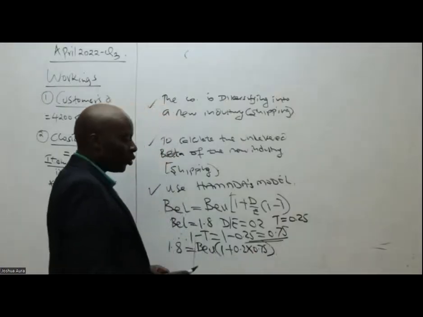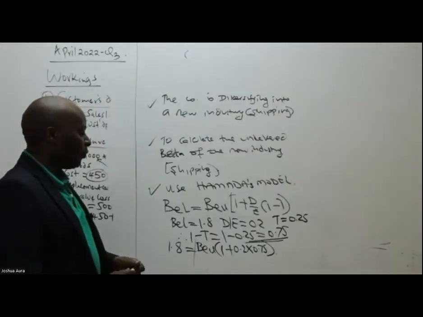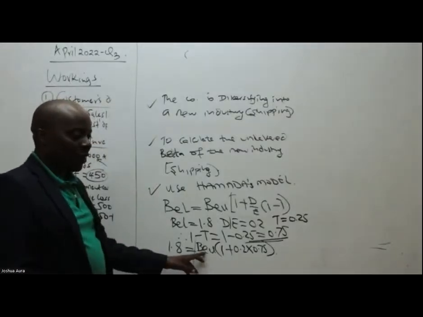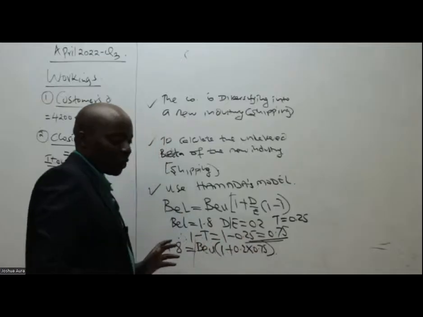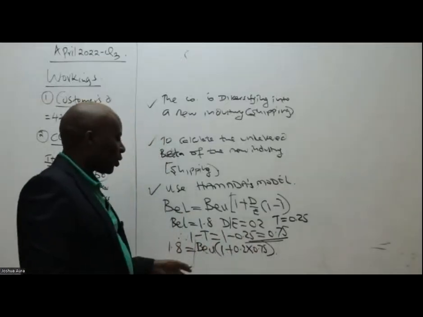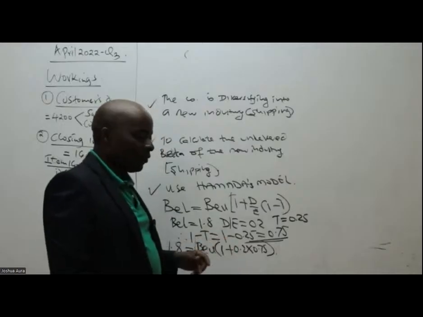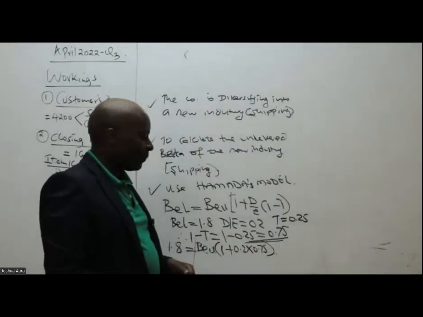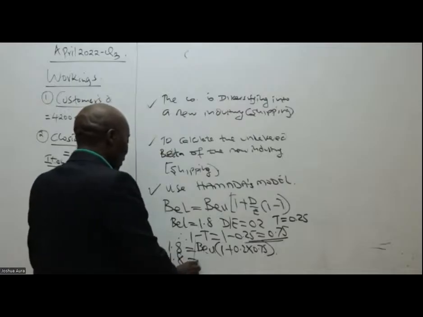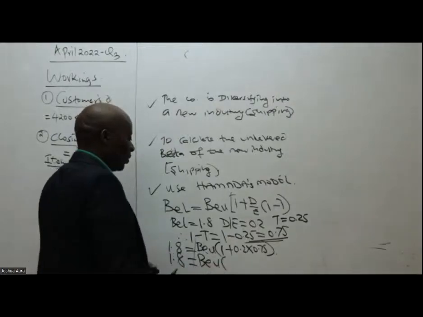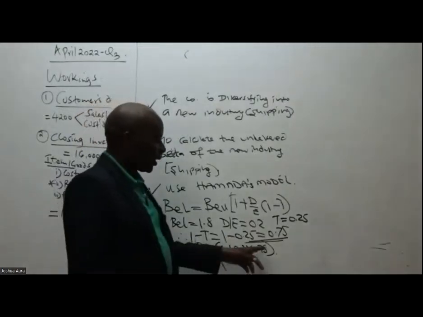Please go slowly until you give me beta equity of unlevered firm. First of all, give me whatever is in brackets, 1 plus 0.2 times 0.75, right? So we have 1.8 equals beta equity of unlevered firm into this.